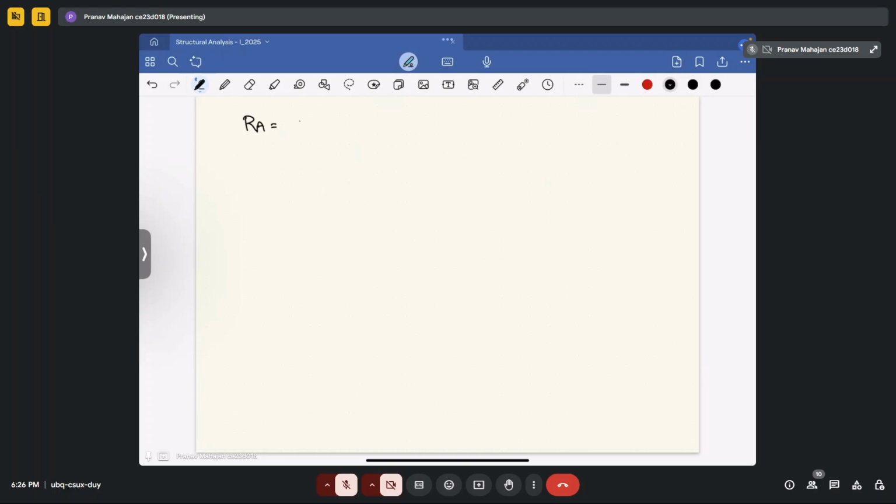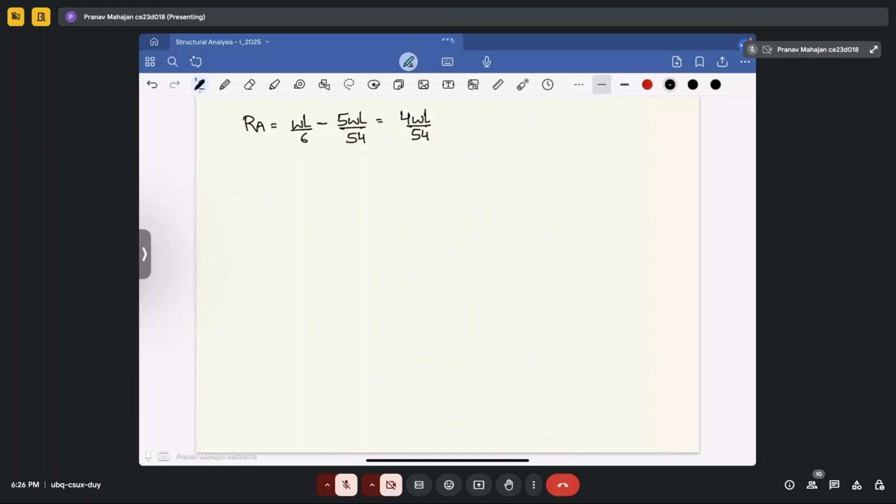RA will be equal to WL by 6, this is your total load, minus 5WL by 54. What you will get is 4WL by 54. Okay, if you add both of them, you will get WL by 6.